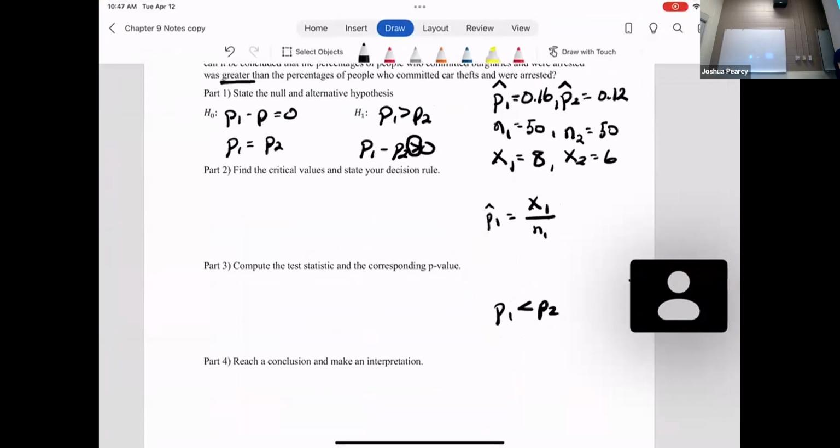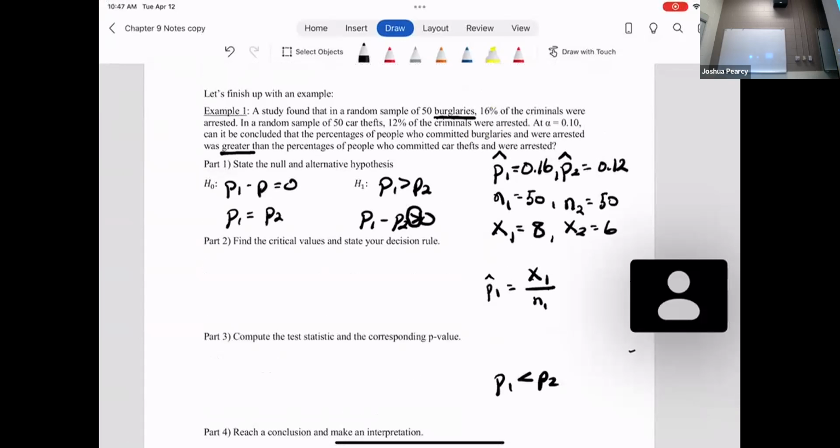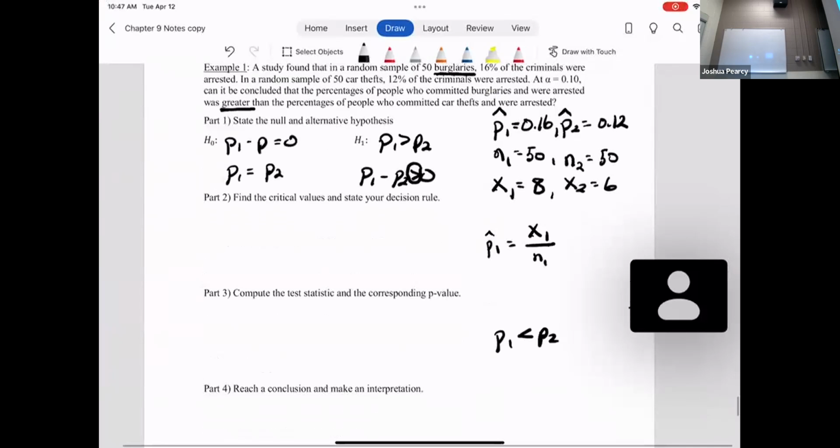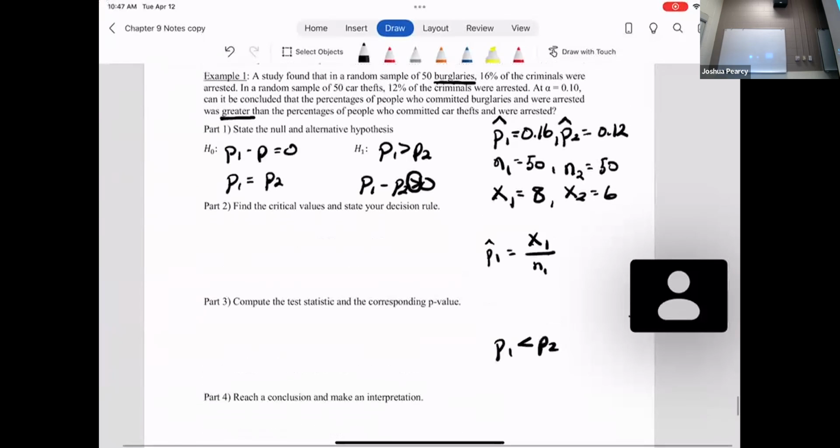This. It's all dependent on the wording, really, whether it says was greater, was less, or differs. Then since we're doing a right-tailed test, the critical value is going to be positive or negative? Positive. And in this case, at alpha 0.1, what is the critical value?